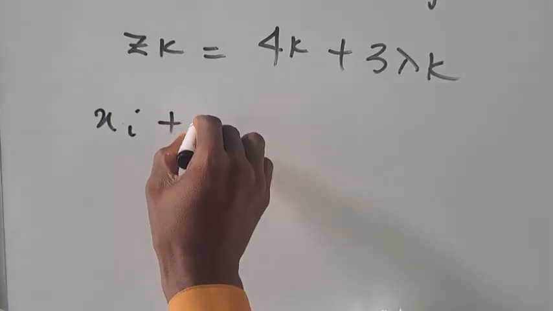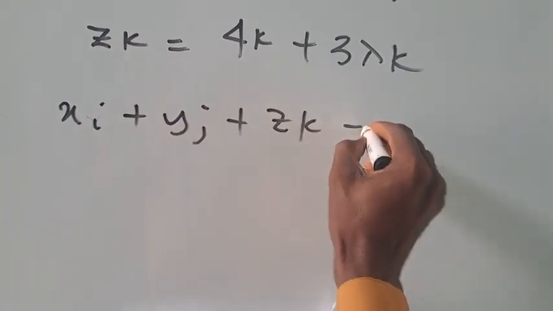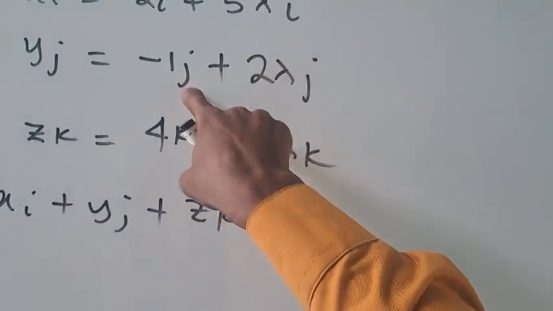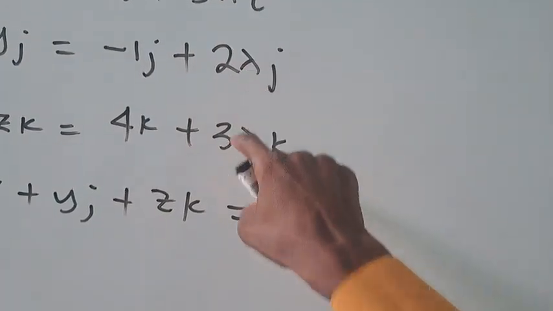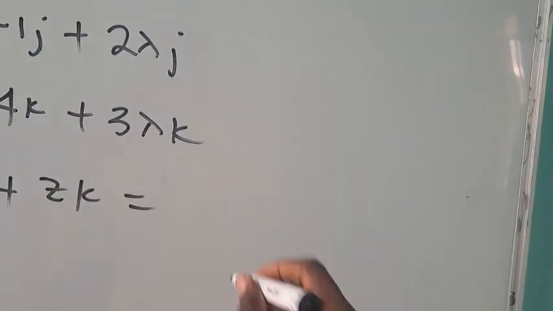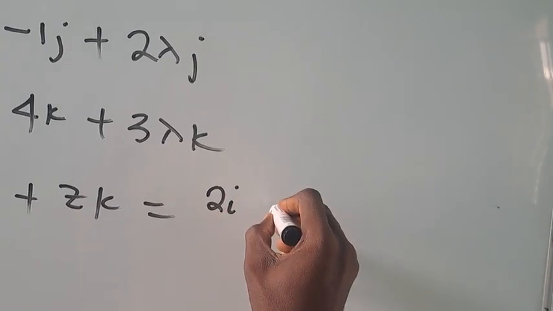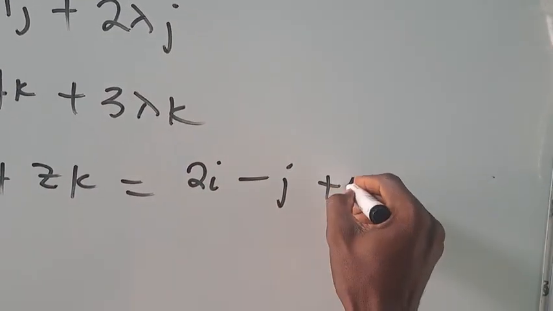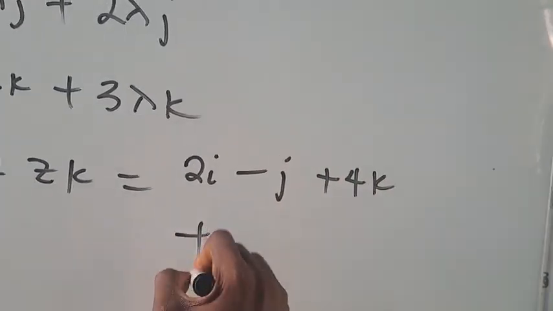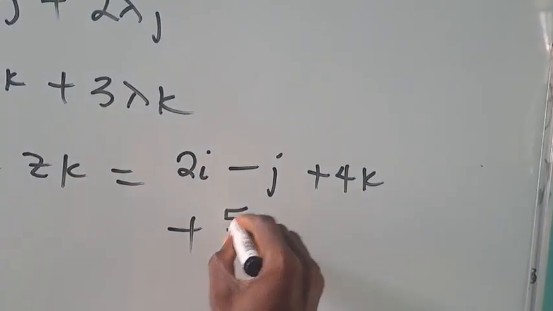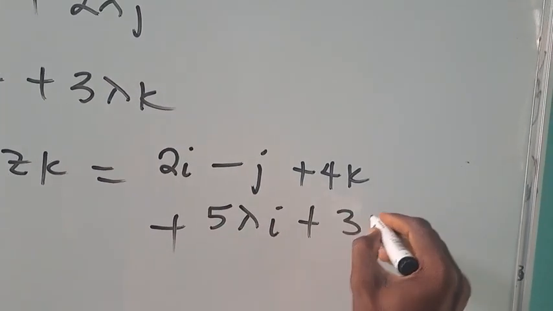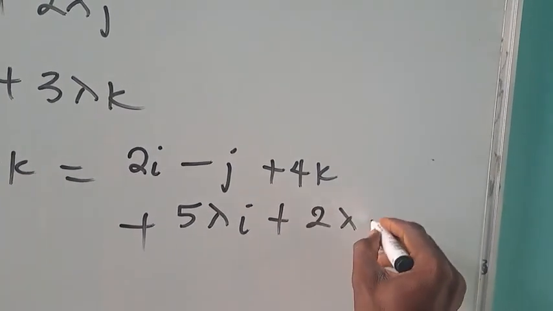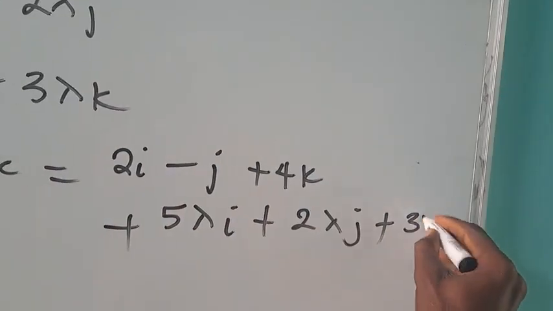We have that xi plus yj plus zk will now be 2i minus j plus 4k plus 5 lambda i plus 2 lambda j plus 3 lambda k.